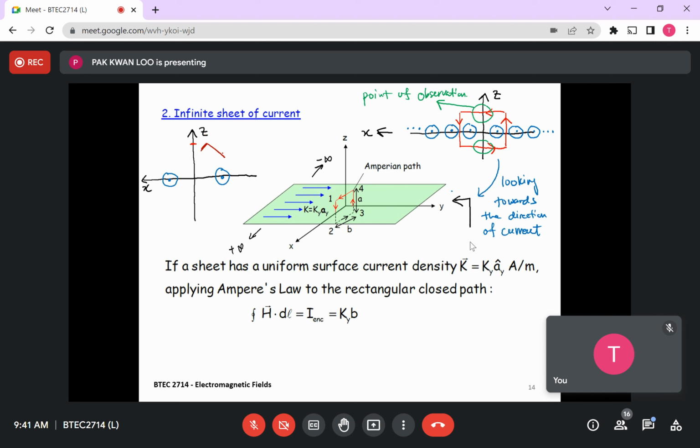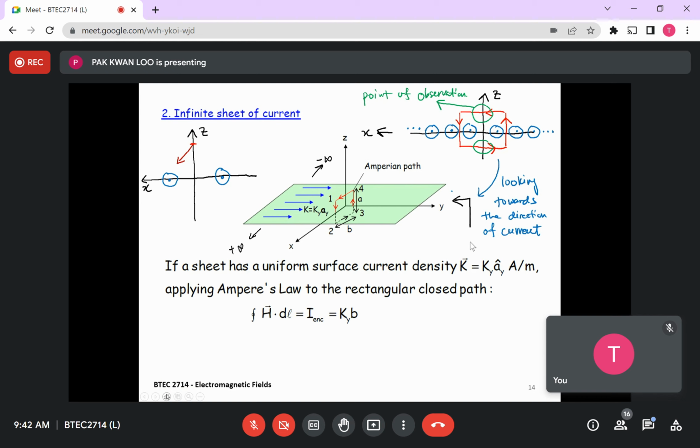Your thumb is pointing towards the current direction. Therefore, we can see that the magnetic field at this point is pointing this way, contributed by this current.